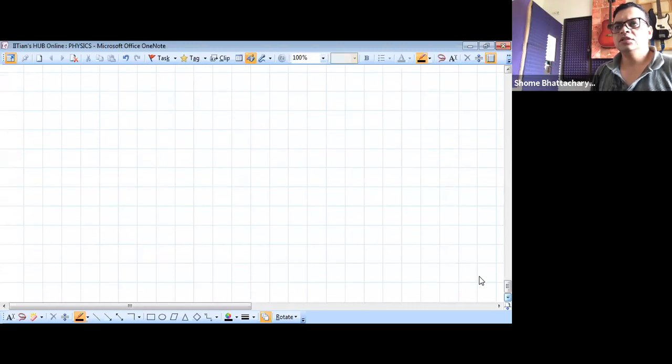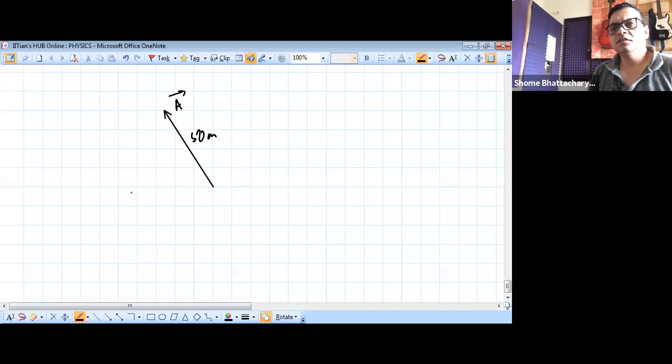Okay, so here you can see that one particular vector is acting at 60 degrees north of west. So that would be vector A, which is of magnitude 50 meters. Yes.